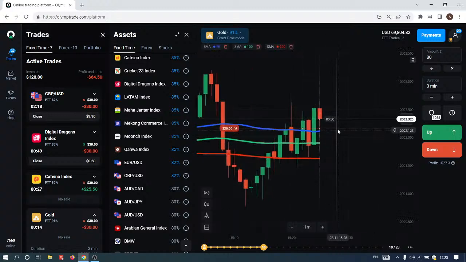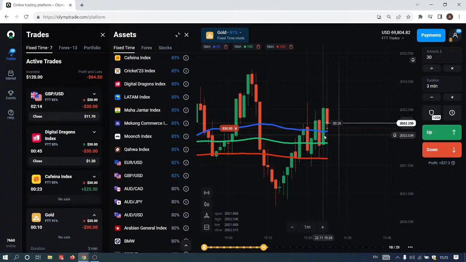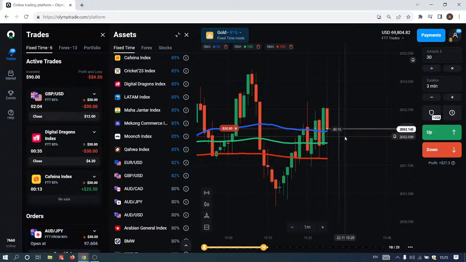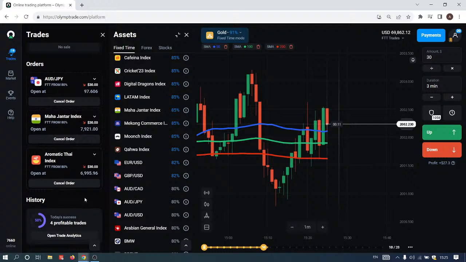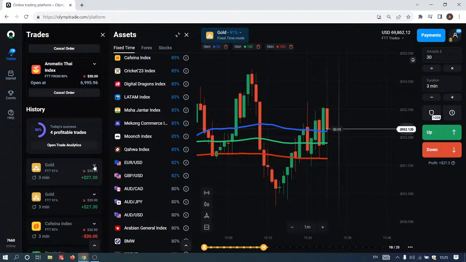All right, so what is happening with gold? How many profitable trades and how many losing trades do I have on gold? 2 seconds to go, and whew. Okay, that was almost 1 pip difference in my favor.